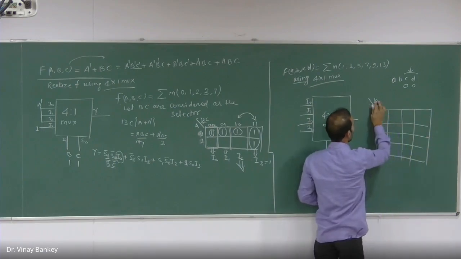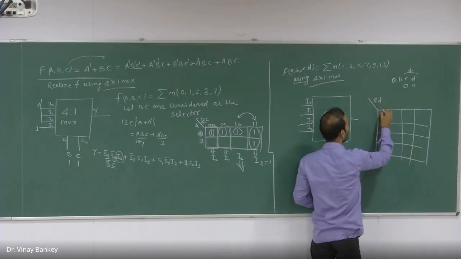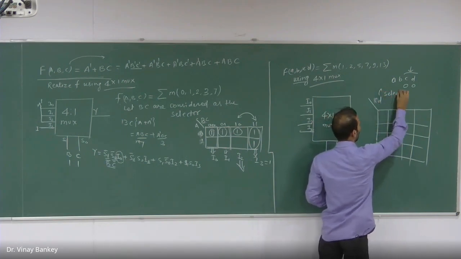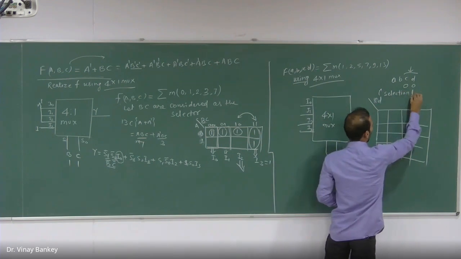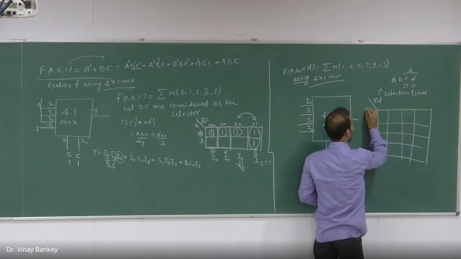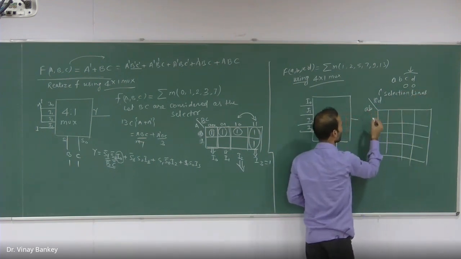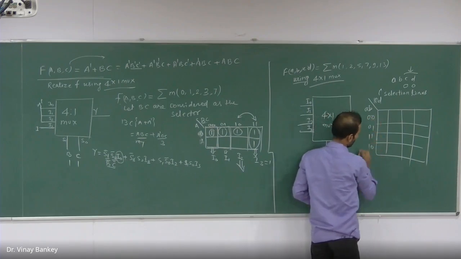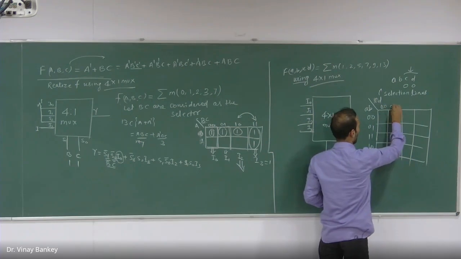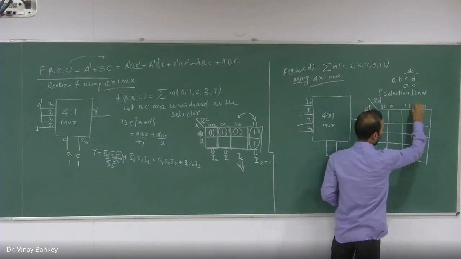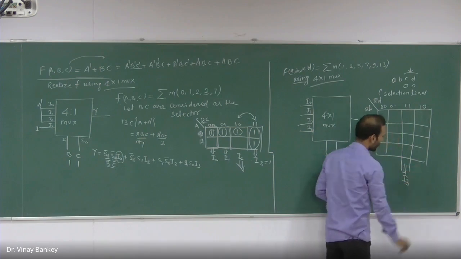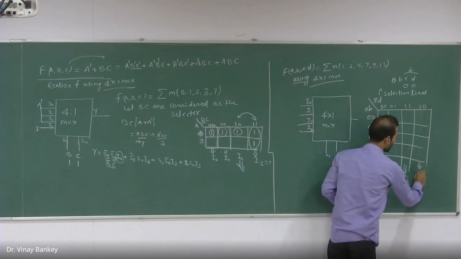So this C and D now will be your selection lines. And AB will be the variable that should be connected to the inputs. Now this cell will be associated with the input I3, and this cell will be associated with the input I2.